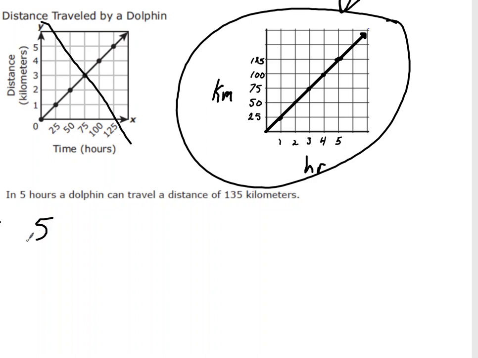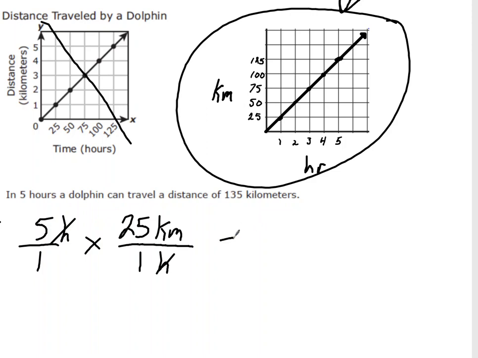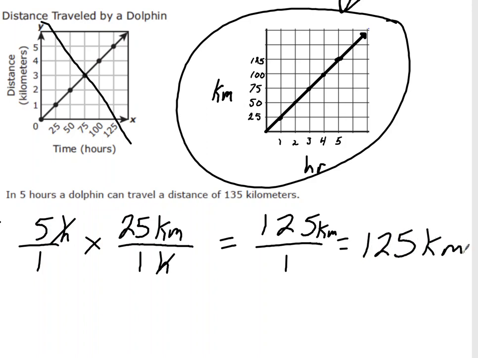That's wrong, because if we just do simple, 5 over 1 hours times 25 kilometers per hour, and we cancel the hours, 5 times 25 over 1 times 1, which would equal not 135.